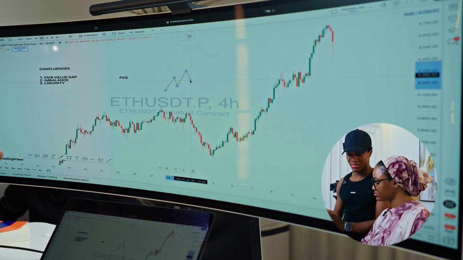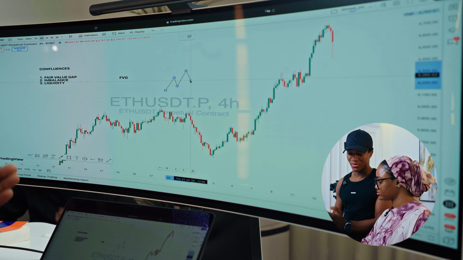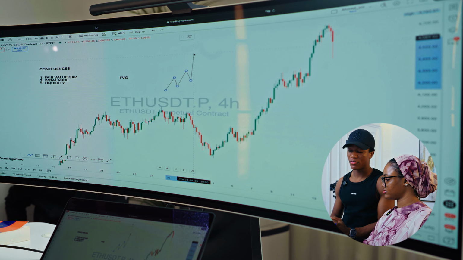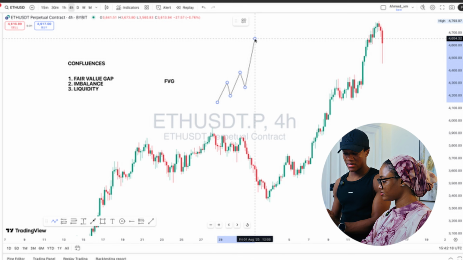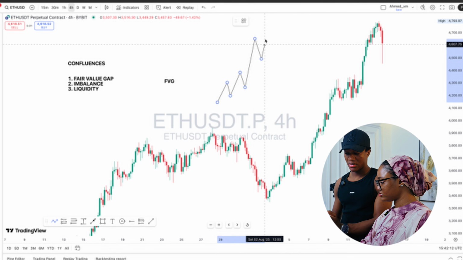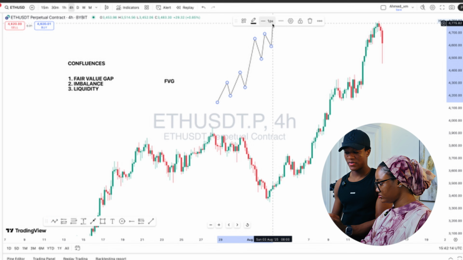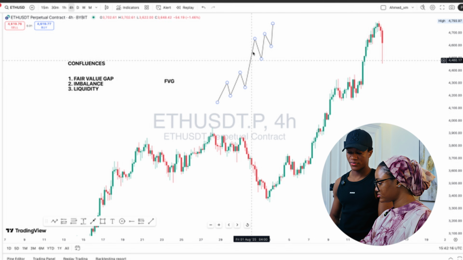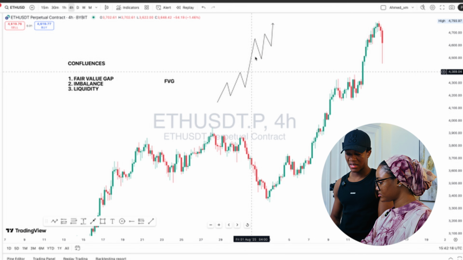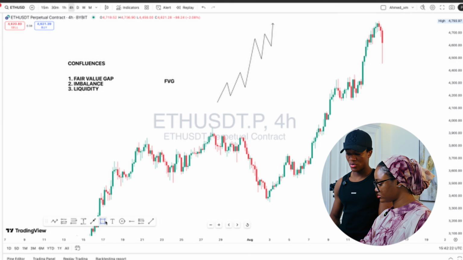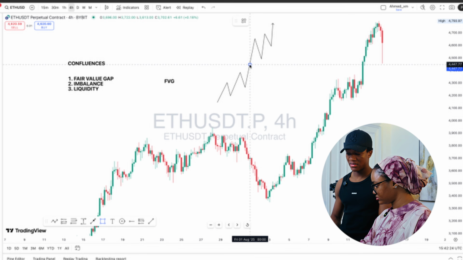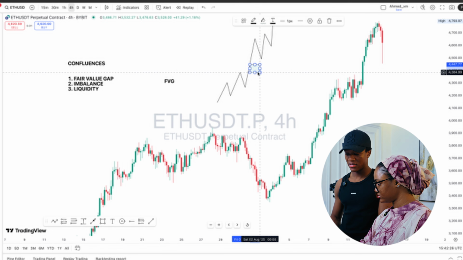And just like I said, you get a fair value gap or imbalance whenever there's an impulsive move. Let's say the market now moves very hard to the upside, then it comes down, then does something like this, right? Now, with this impulsive move, if you check the body of the candle, you'll see your inefficiency. So you highlight that inefficiency, which is the fair value gap in this case.